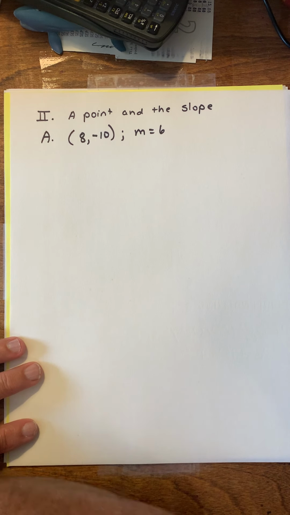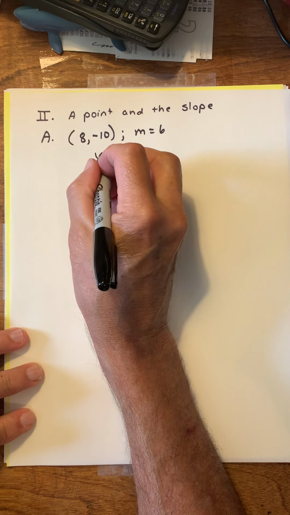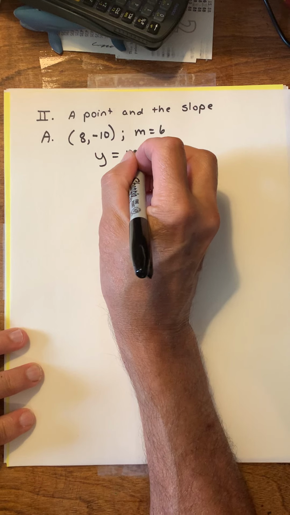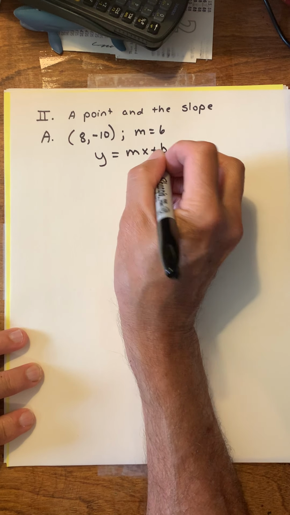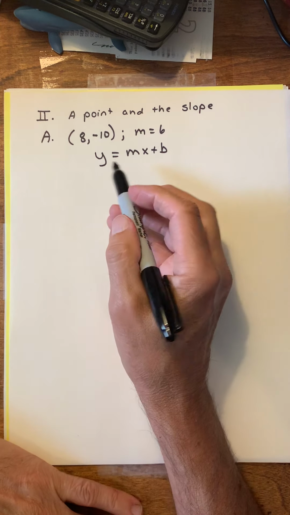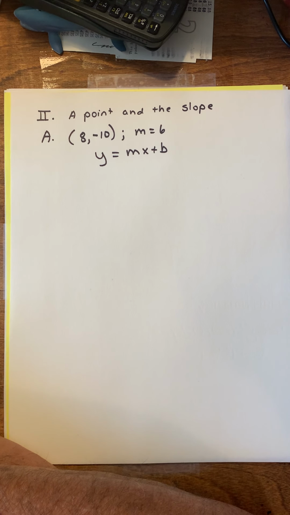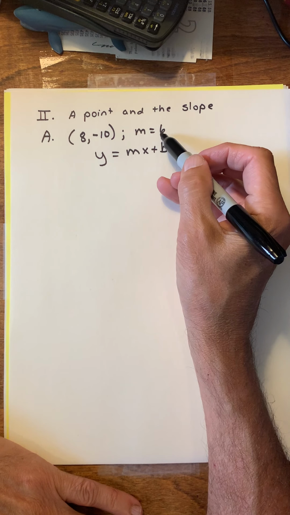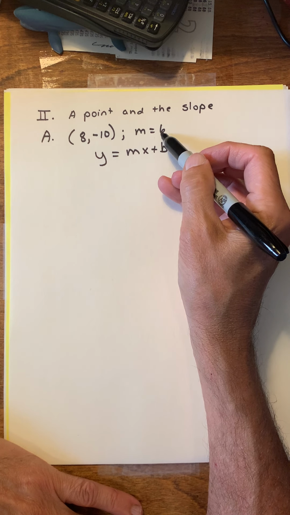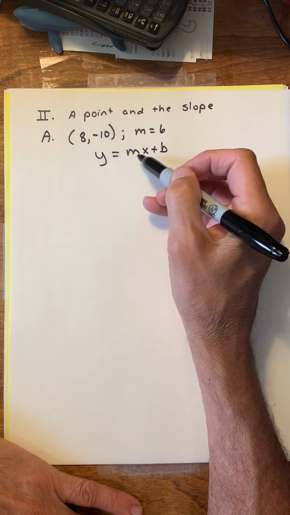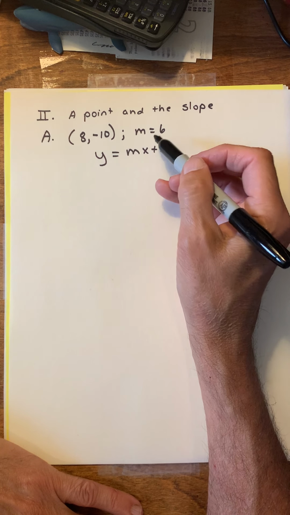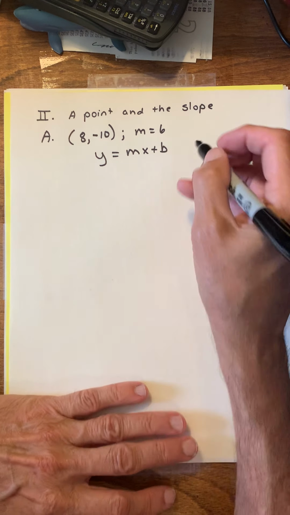I still refer back to this, y equals mx plus b. I've got 4 different variables in this equation, and it looks like all I have right now is m. Looks like I don't have anything else until I realize this very important concept.